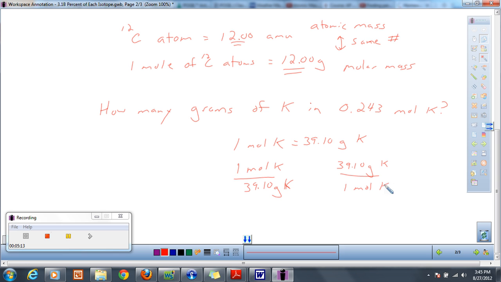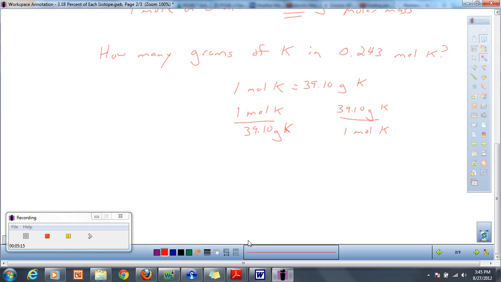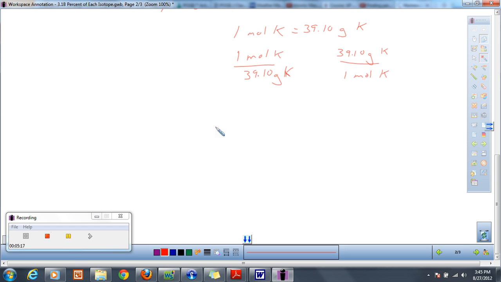So now we can use these unit conversion factors to convert from those 0.243 moles of potassium into grams of potassium. Okay, so let's get out of moles and into grams. We need to get rid of these mole units and into grams.